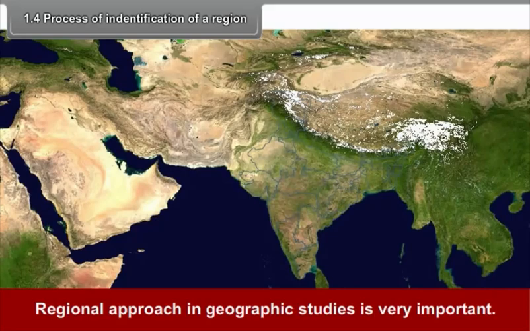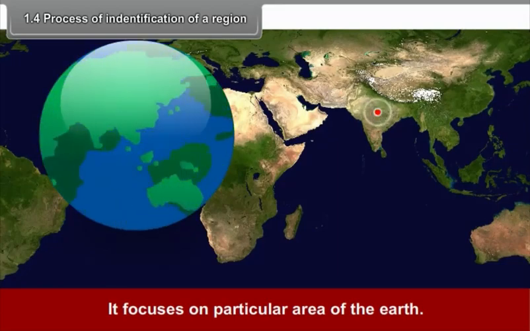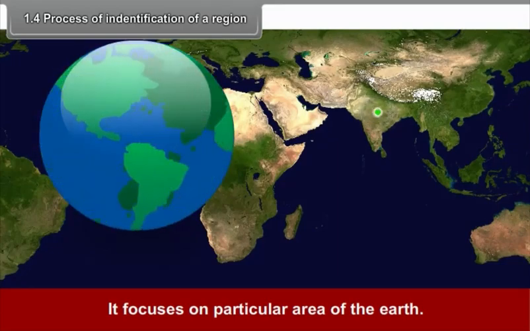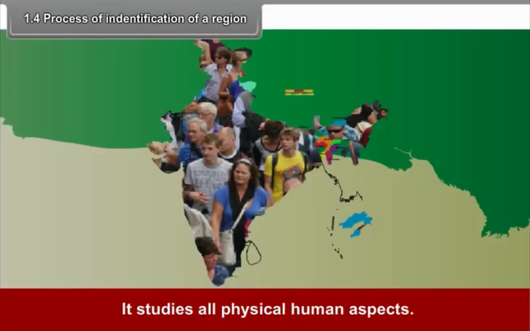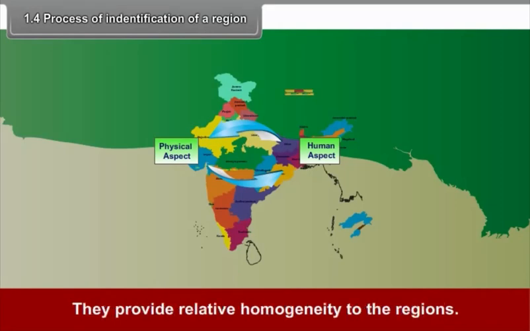Regional approach in geographical studies is very important. It focuses on particular area of the earth. It studies all physical and human aspects. These aspects interact with each other and work in unison.